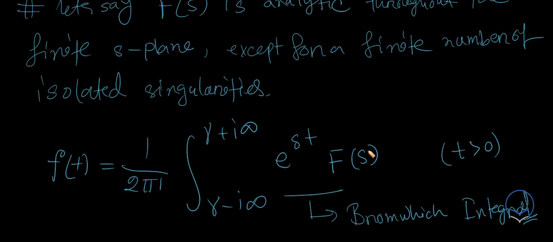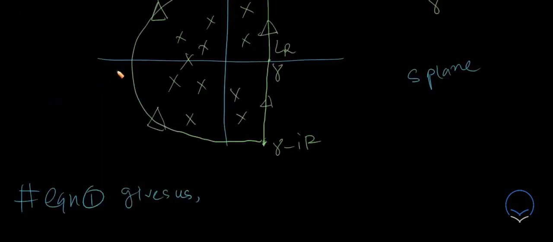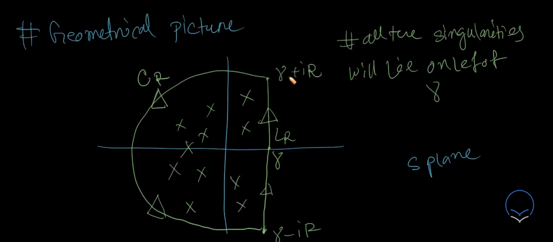So let's call this Bromwich integral equation 1. Equation 1 gives us the following: it can be divided into two sectors, that is from minus gamma minus iR to gamma plus iR, that is on L_R, and then on the semicircular arc C_R.